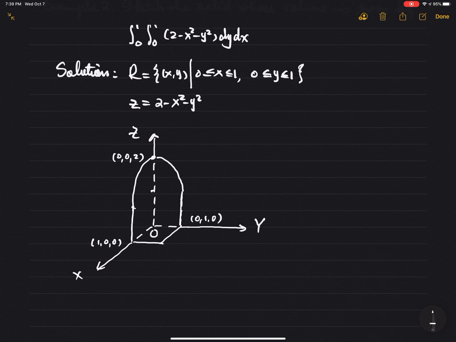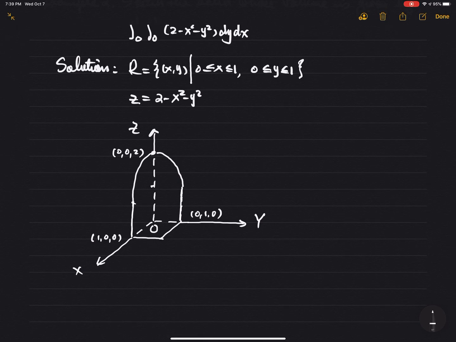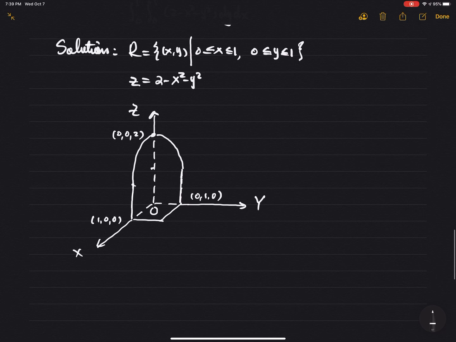Now, if you think about when, for example, y equal to 1, which is a vertical plane cutting the surface, you're going to have z equal to 1 minus x squared.